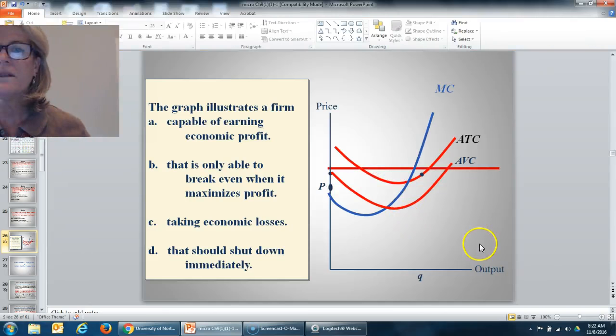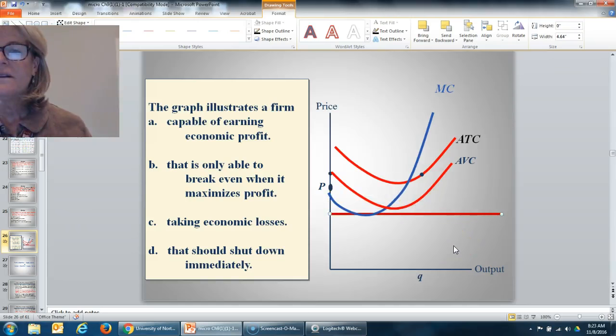How about if we move it down here? Where's Q star? Really hard to figure that out. It would be right here, but at this Q star, the price per unit is less than variable cost per unit, isn't it? You're not going to choose this, you're going to choose this one.